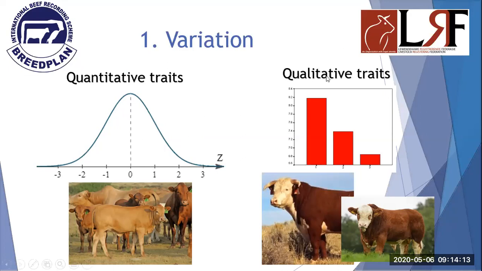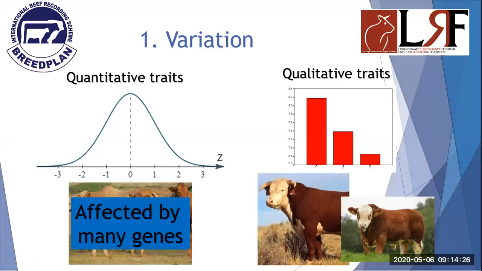Then you have the qualitative traits. Those are the ones that you can put in categories. For example, the animal is polled or the animal is horned. So you have different categories. So normally the quantitative traits are affected by many genes.